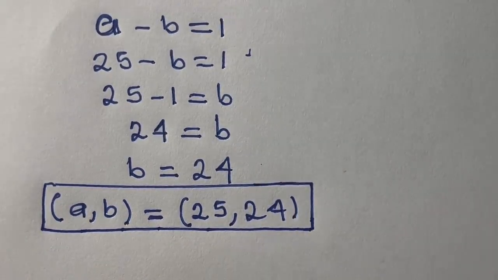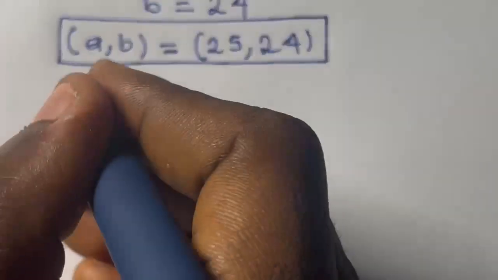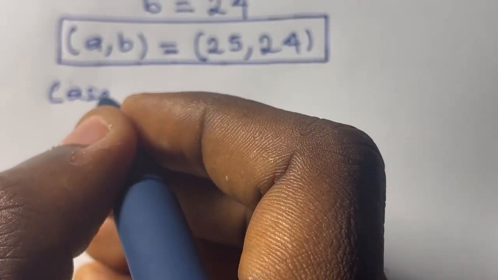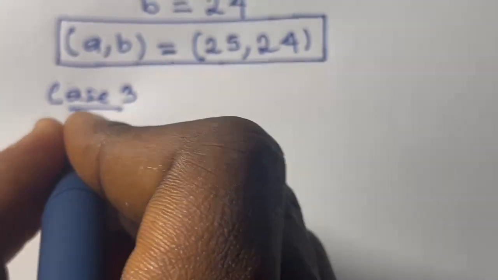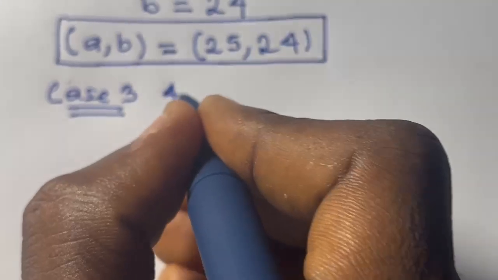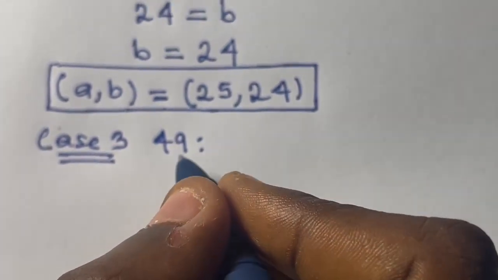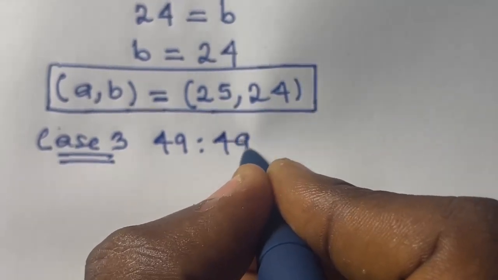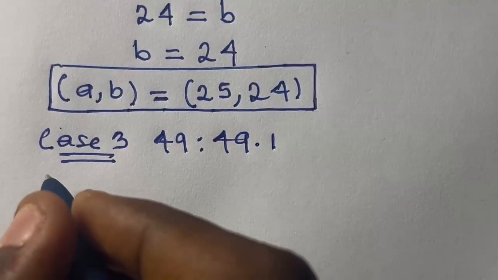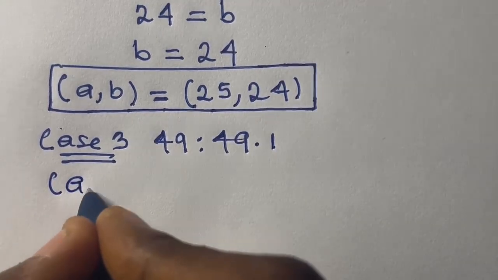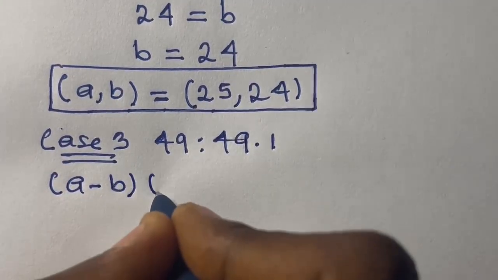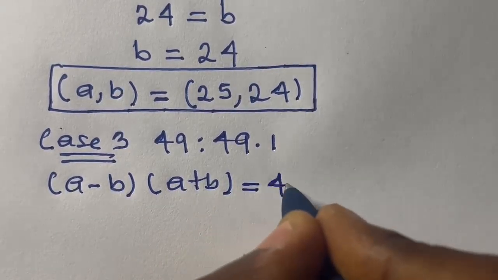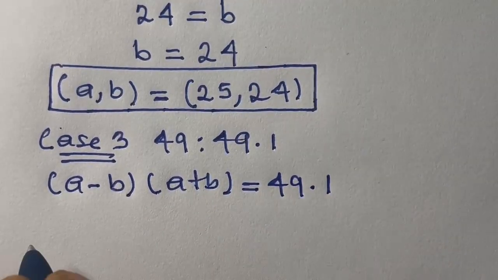For the third case, case 3, the factors we have are 49 times 1. Therefore we have a minus b multiplied by a plus b equals 49 times 1.